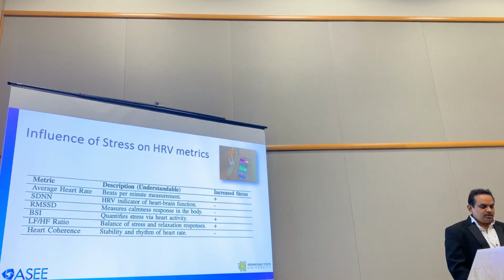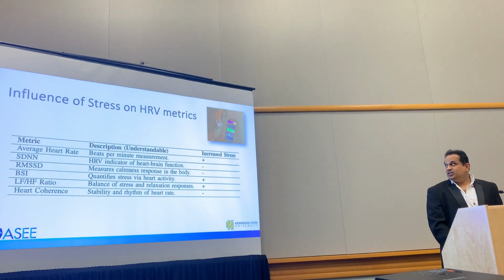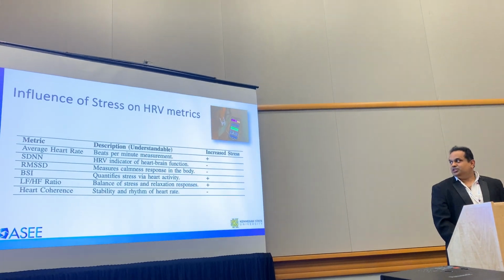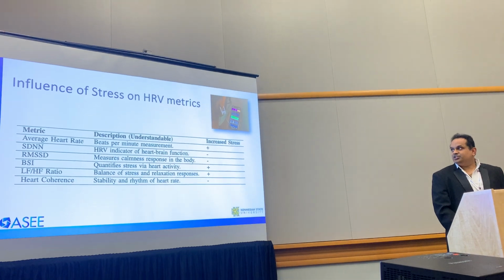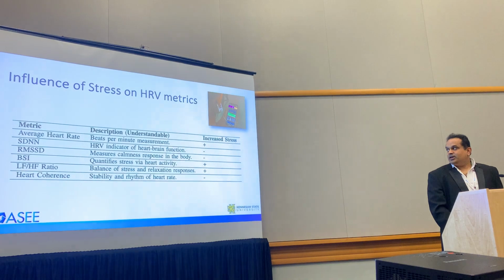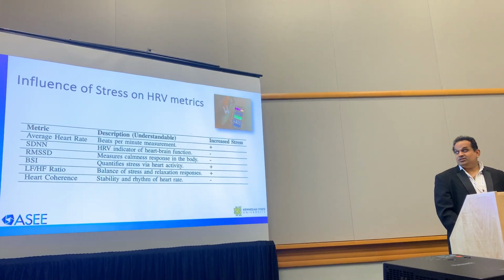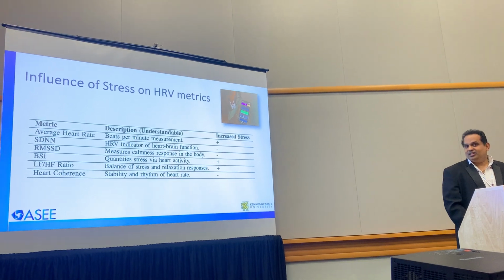And as engineers, we want to see how stress is related, and you can see on the screen how different HRV metrics are changing as per changing stress. If you have more questions on this screen, I have another slide later on we can go into.